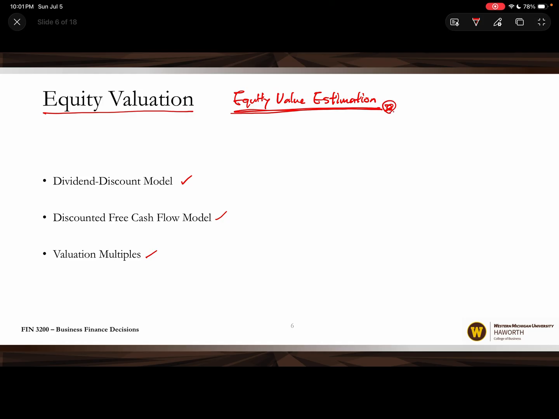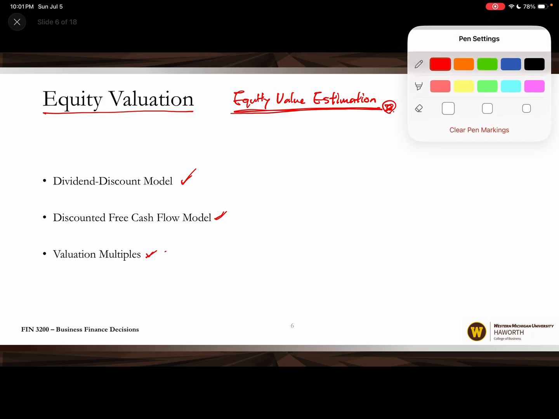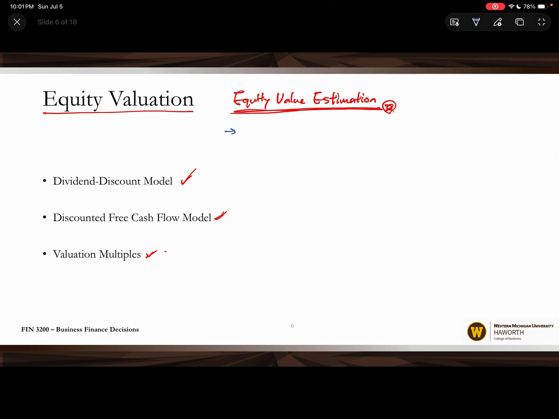One thing I want to mention is that all these models are reasonable, but there is no single model that's better than all others. No single model is superior to all others.